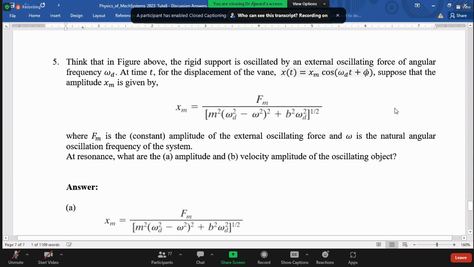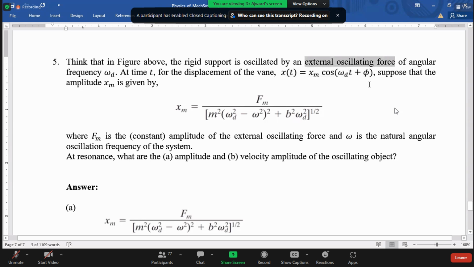So this is the equation for a forced oscillator, one that is oscillated using an external oscillating force, maybe some kind of mechanical vibrator.